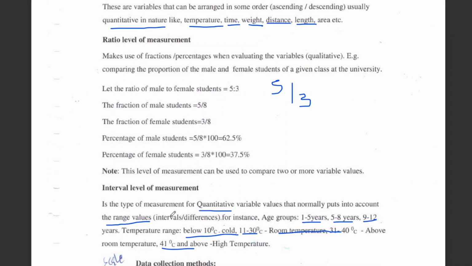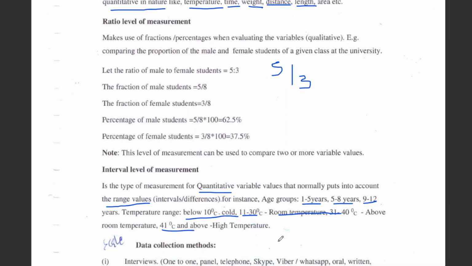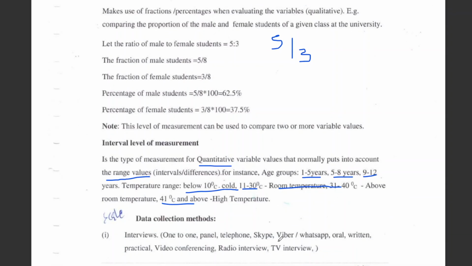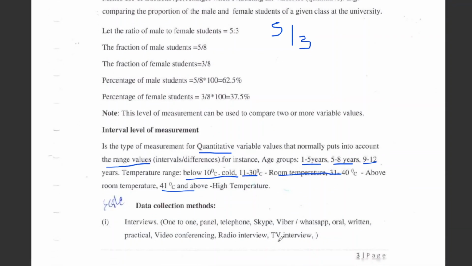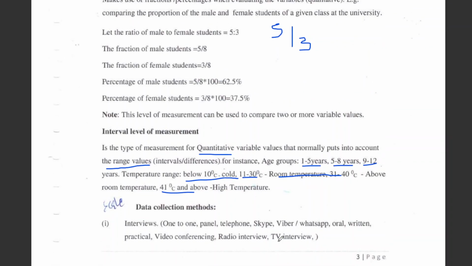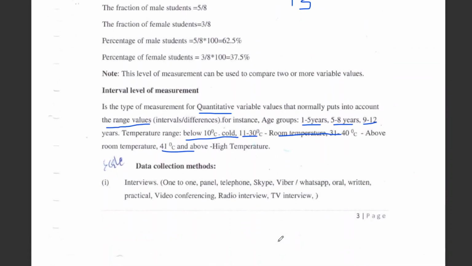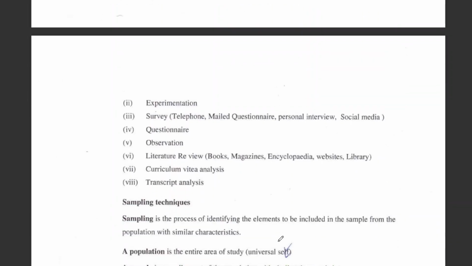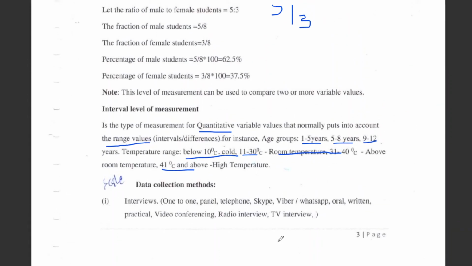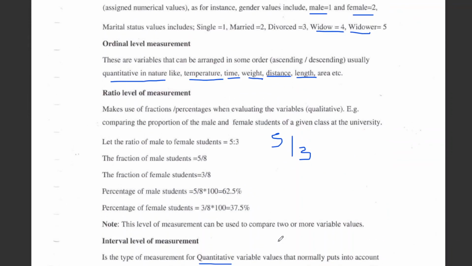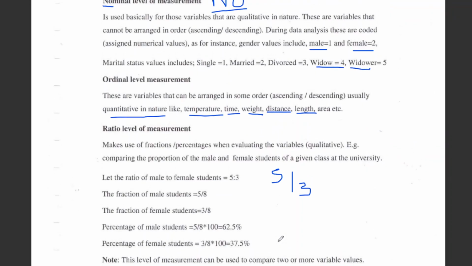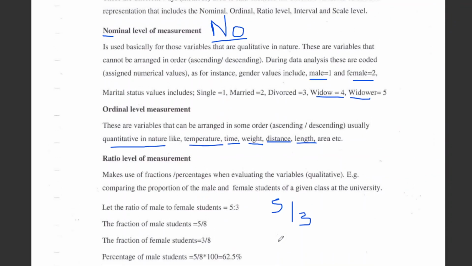From this temperature to this, from this time to this. So anything which can be grouped in ranges. So basically, therefore we have interval, we have ratio, we have ordinal, and the nominal.